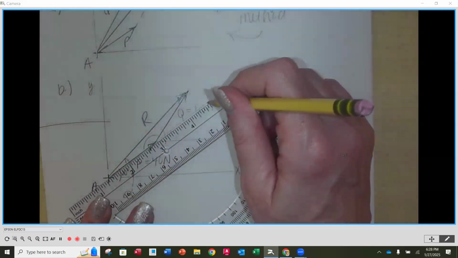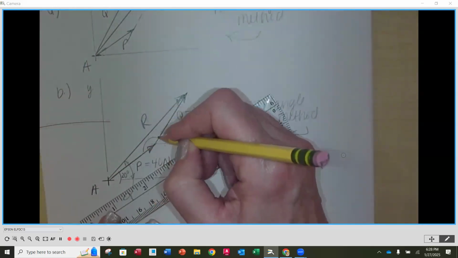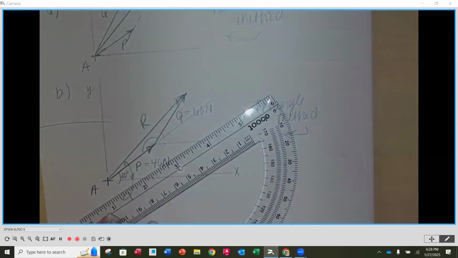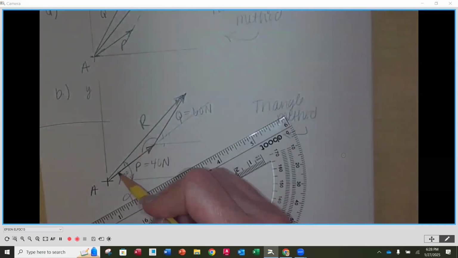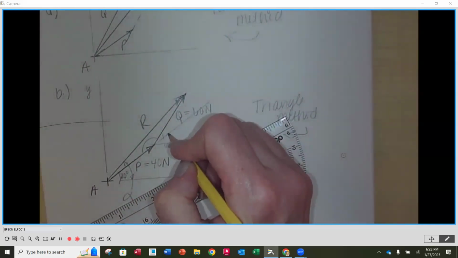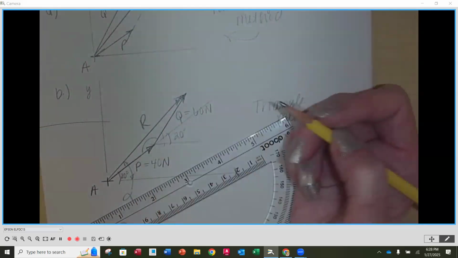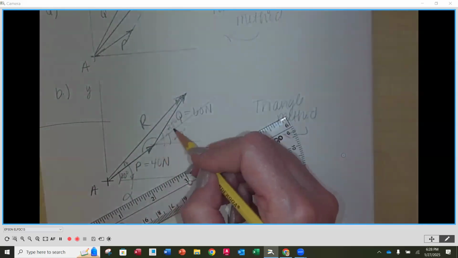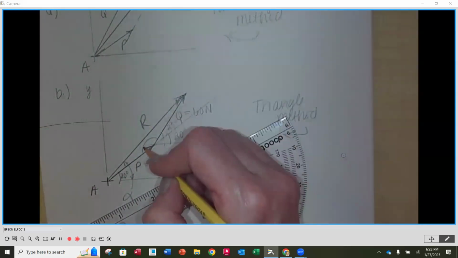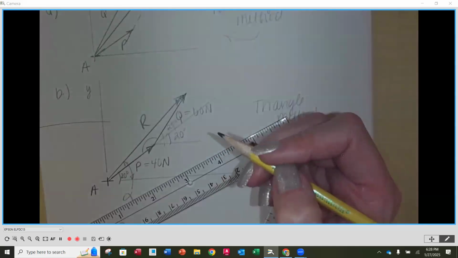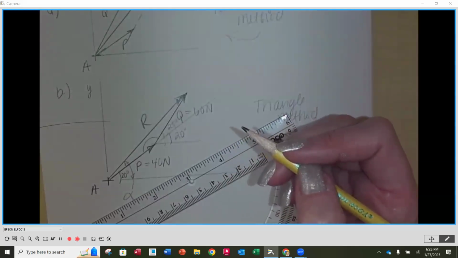So here's my 180, right? Along here, this would be 180 full degrees all the way that way. I know that this is 20. That means that this angle right here is 20 degrees, and this one is the 25. So if this is 180 minus 25, what's left over here? Is it 155?